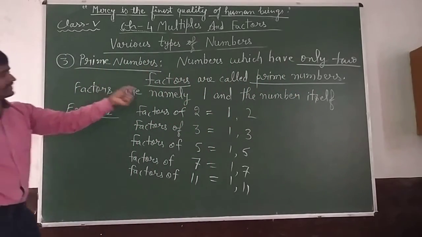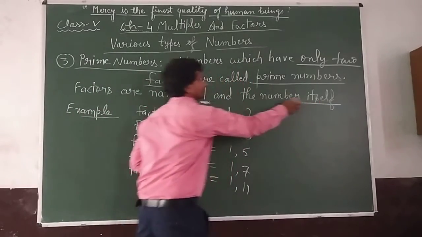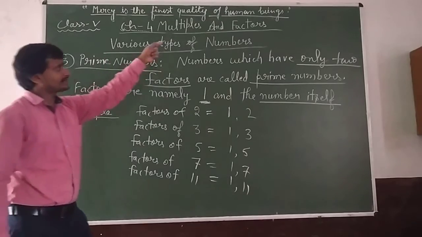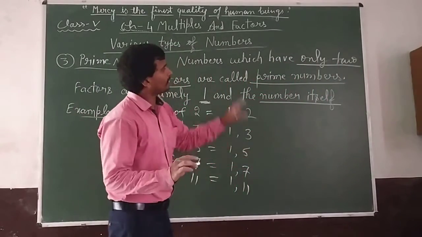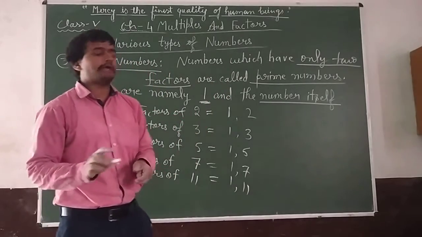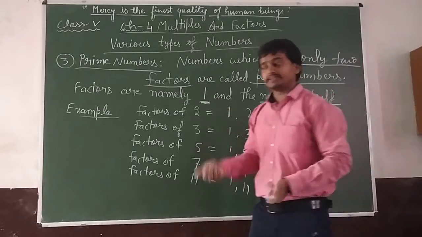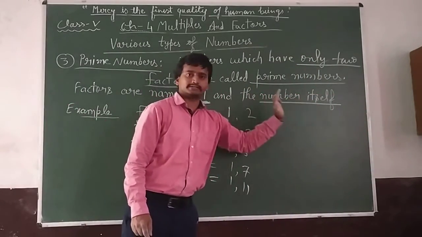And the factors are namely 1 and the number itself. What are prime numbers? Numbers which have only 2 factors. That means a prime number is divisible by only 2 numbers, namely 1 and the number itself.